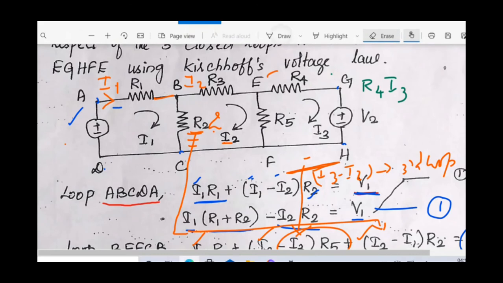If we are writing the loop equation for loop 3, then it is R5 into (I3 minus I2), because R5 is a resistor in between loop 2 and loop 3. Now how to write V2? In this case we consider V2 as a voltage drop. So plus V2 equal to 0. I am not considering it as a source.